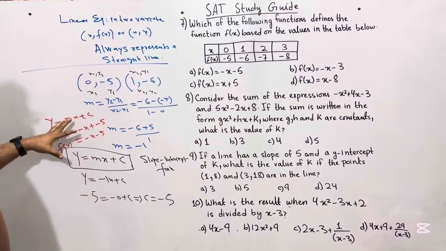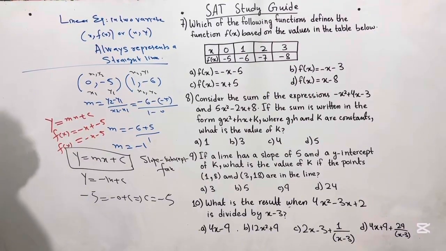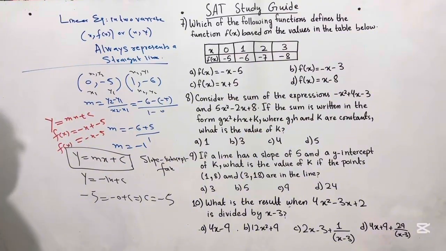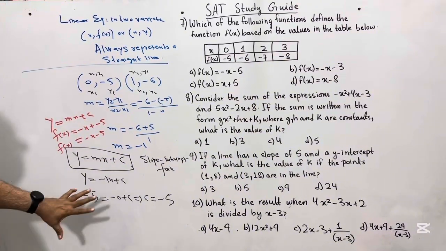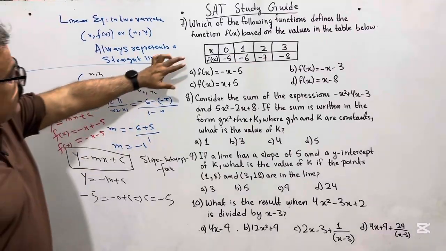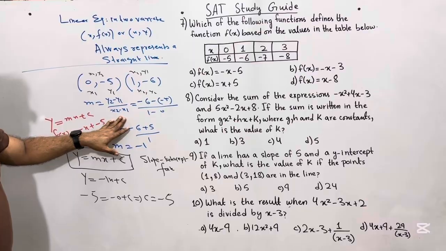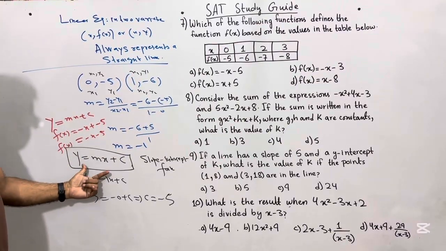But this is the orthodox method to arrive at a result: how to find a linear function or equation of a straight line in two variables. Take any 2 points, find the gradient or slope, and utilize the slope intercept form, y equals mx plus c.